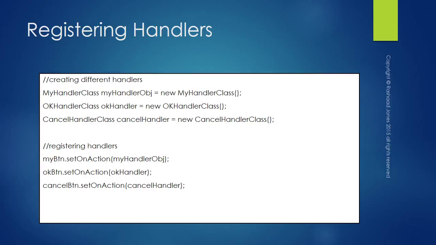These are all objects, and these button objects have a method called setOnAction. This is where, if a button gets pressed, I can have something happen once that button gets pressed. The setOnAction method requires an object of a handler type, or event handler type, I should say. And this is how you register your handler.